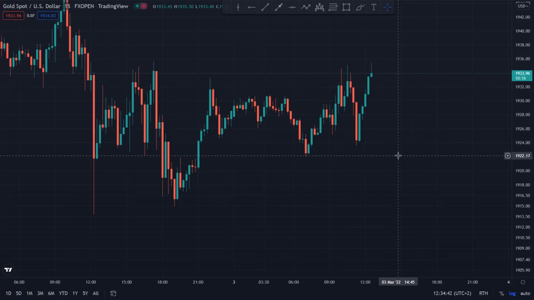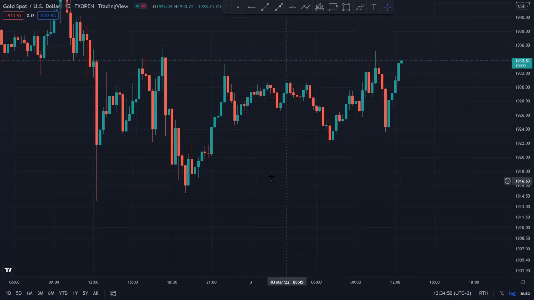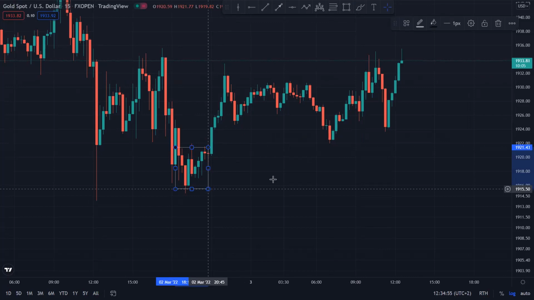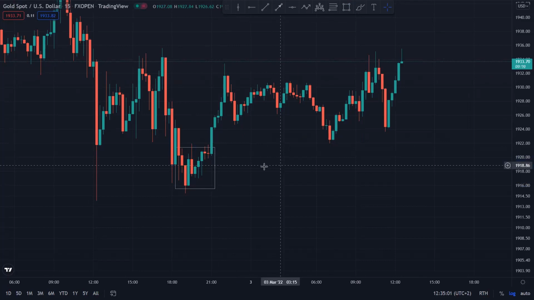So just to confirm, the bullish order block would be the last bearish candle before it pushes up, before the bullish candle pushes up higher than the previous swing high. Exactly.